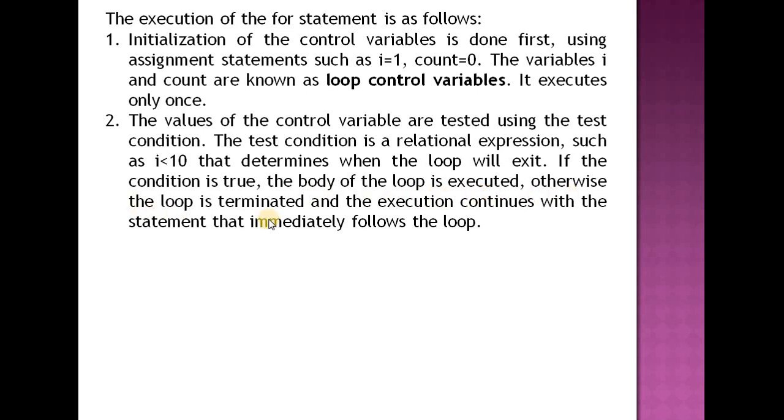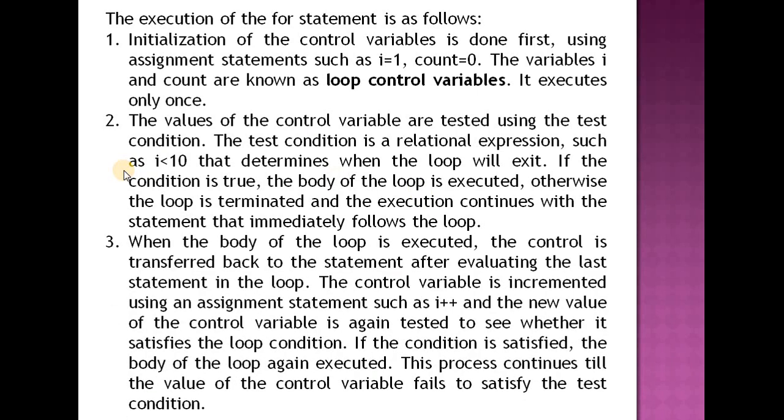Otherwise, the loop is terminated and the execution continues with the statement that immediately follows the loop. Like we give the test condition in the while and do while statements, similarly the second statement in the for will be this test condition.